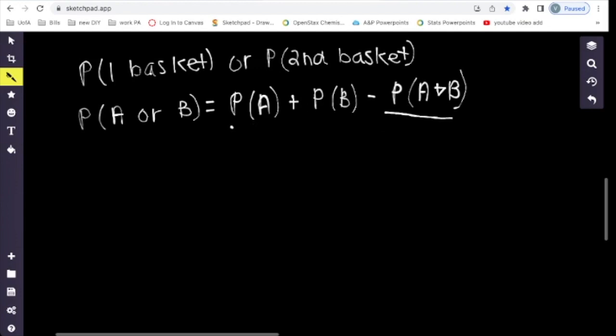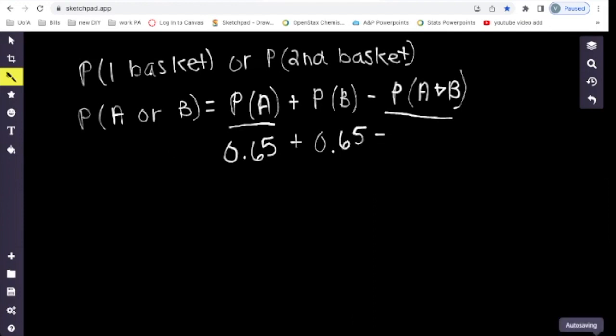We know probability of A was 0.65. The probability of B occurring was also 0.65. And we just calculated the probability of A and B, which we calculated before was 0.585.